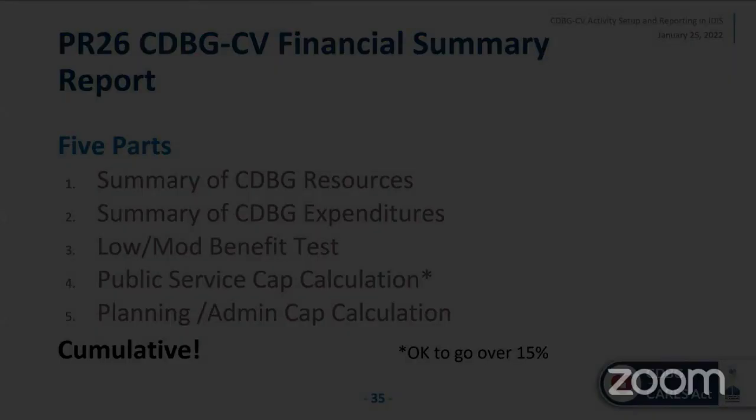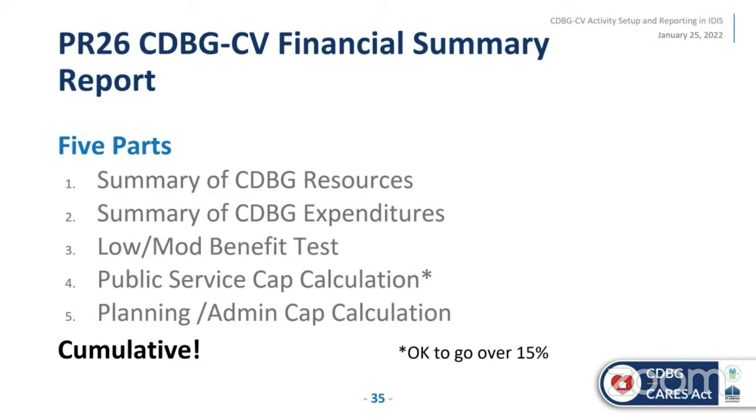Just note that for a public service cap, you can go over the 15%. This is the CV funds, so that's fine. It's going to measure it and give the percent that you used, regardless if it's over or under 15%, it doesn't matter. And this report is cumulative, so every time you run it, it will update with more expenditures that you've made since the last time you ran the report.